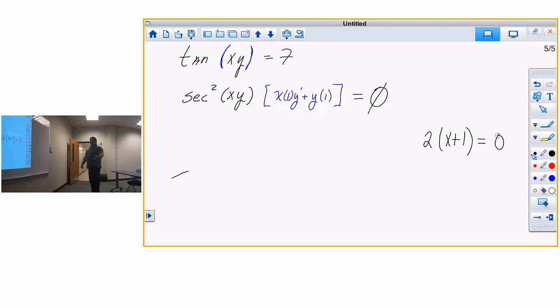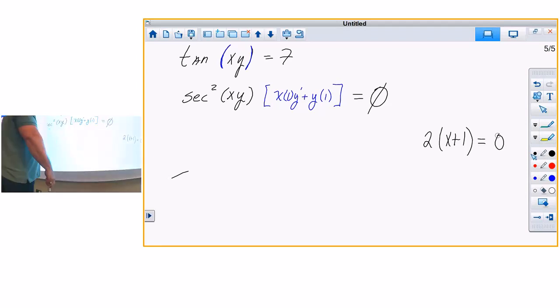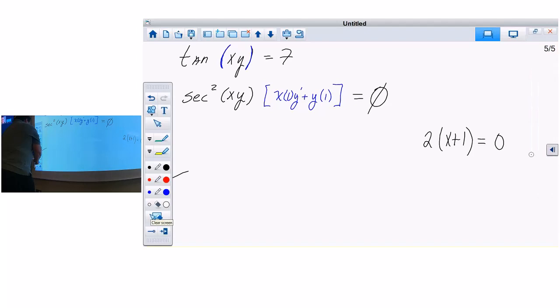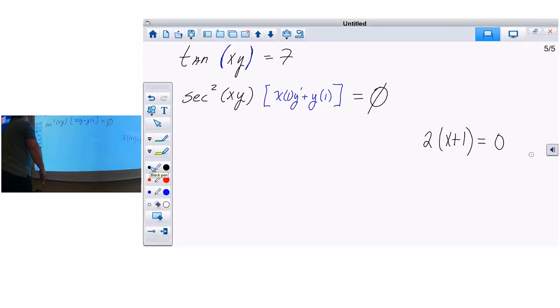I could divide by 2 on both sides, right? Or I could distribute. Write that down. At this point on this problem, you can divide by the secant squared of xy, or you can distribute. I'm going to distribute because it's a whole lot easier than divide. So I'm going to distribute.